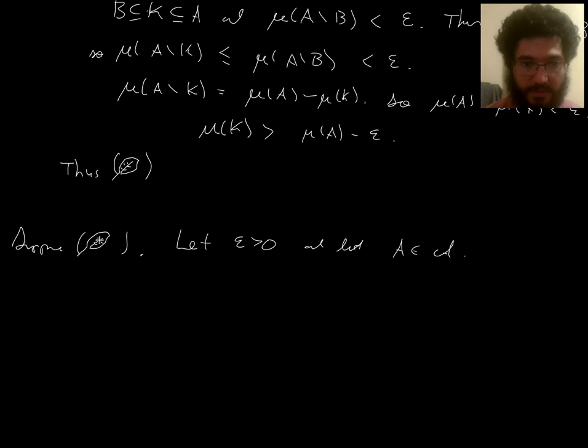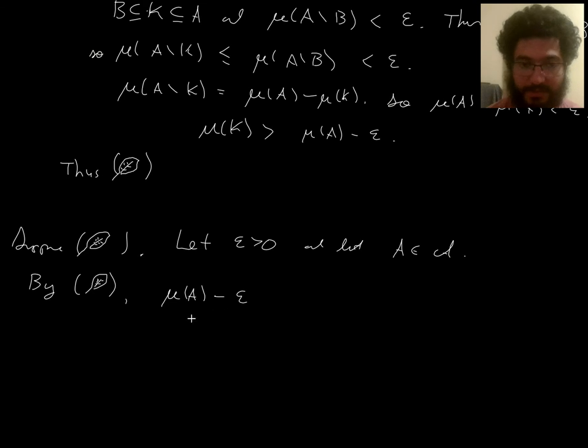So remember, leaf tells me that about the supremum of a certain set. So by leaf, if I take mu of A minus epsilon, then that's less than what leaf says is the least upper bound of a certain set.